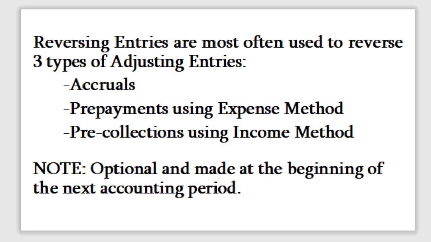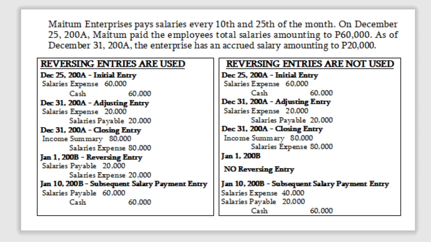So, kapag income method yung ginamit mo sa pre-collections, so, magkakaroon ka ng reversing entries. So, again, optional ito, kaya pwede siyang hindi gawin. So, papakita natin yung pagkakaiba kung gagamitan ng reversing entries at hindi.